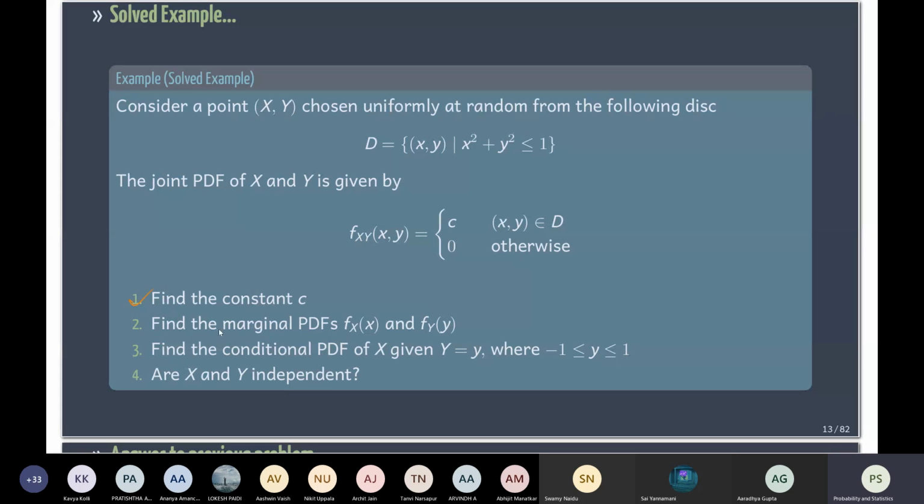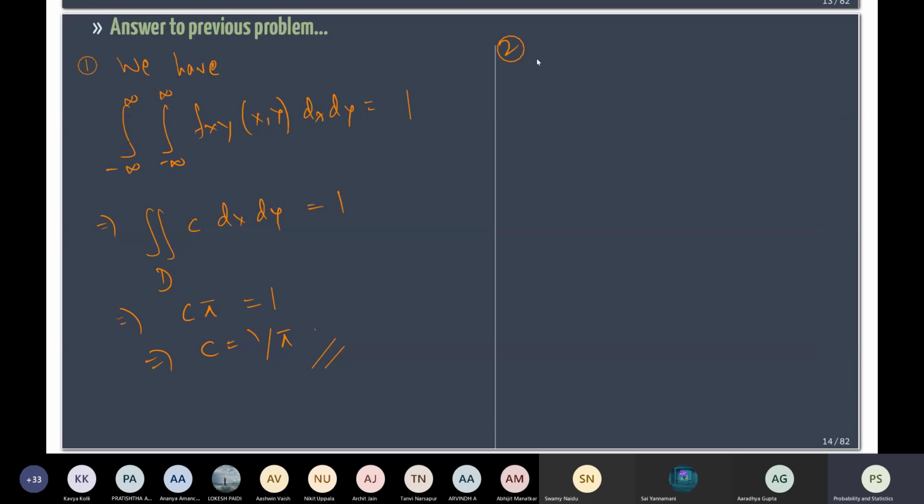Now the next question is to find the marginal PDFs fX(x) and fY(y). So if I want to find fX(x), then what I have to do is the integration from minus infinity to infinity of fXY(x, y), and since I'm computing the marginal with respect to x, I have to put dy here.